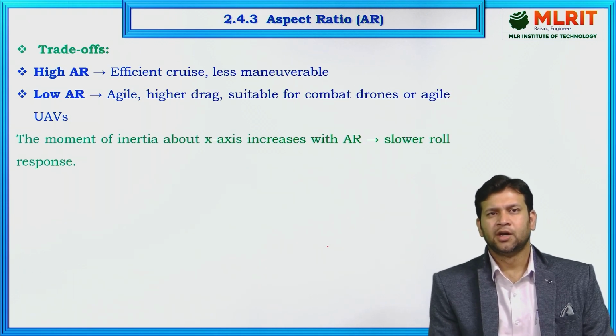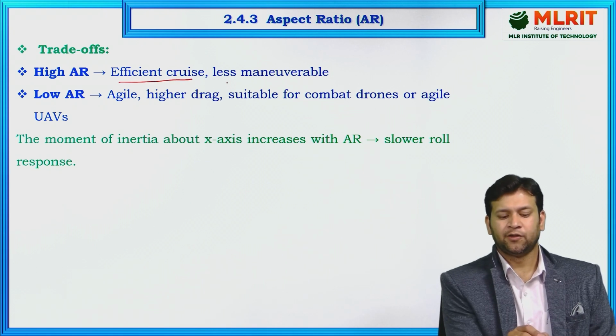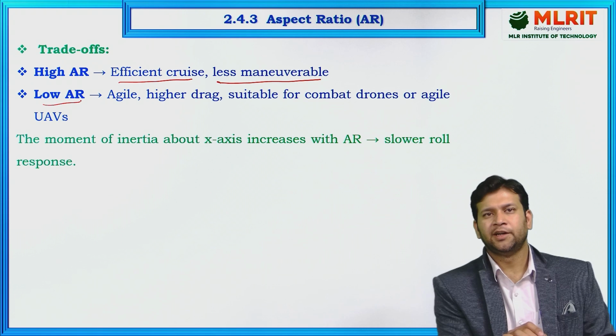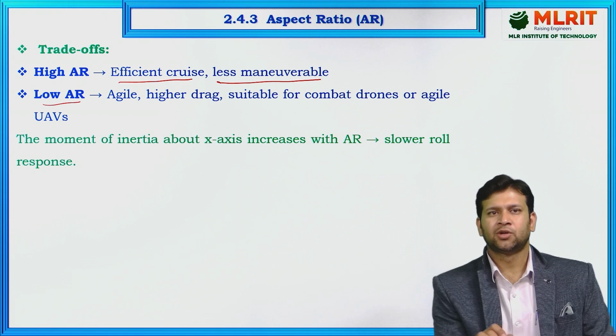Trade-offs: higher aspect ratio is efficient for cruise and less maneuverable. Lower aspect ratio will be agile in nature, with higher drag, suitable for combat drones or agile UAVs. The moment of inertia about the X axis increases with aspect ratio, giving a slower roll response.